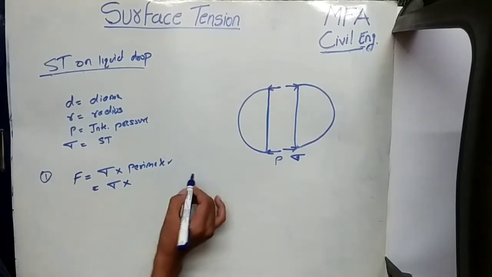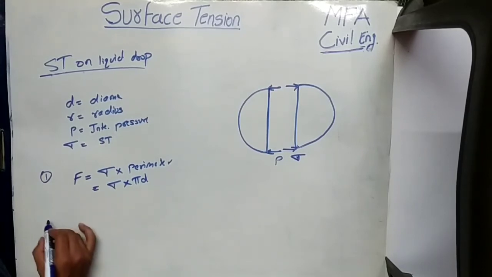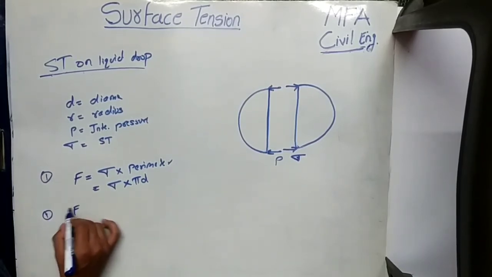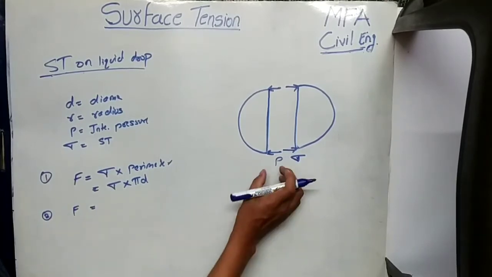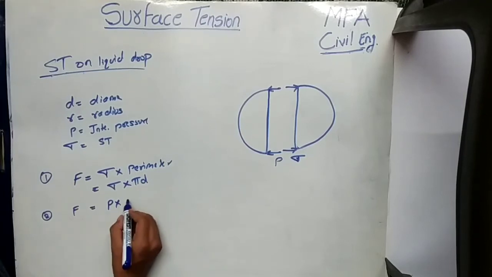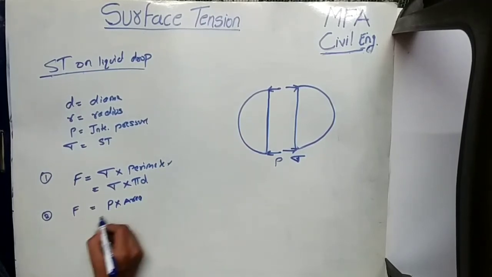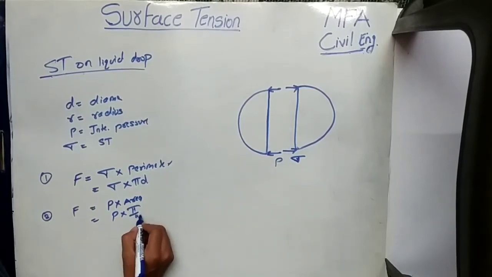Surface tension into perimeter is sigma into pi into diameter. Now the second force is the force acting due to pressure. The pressure force is equal to pressure into area, which is P into pi by 4 into diameter square.